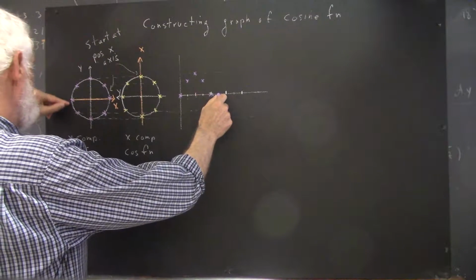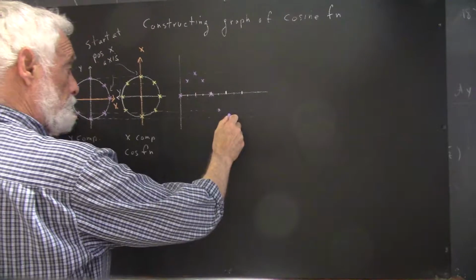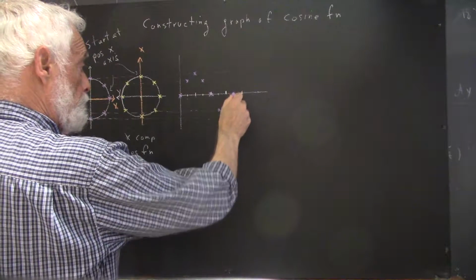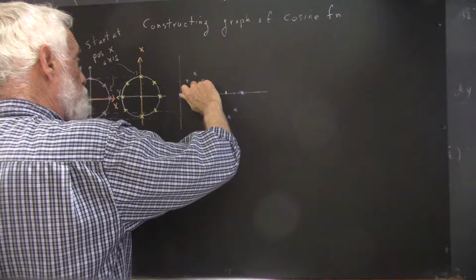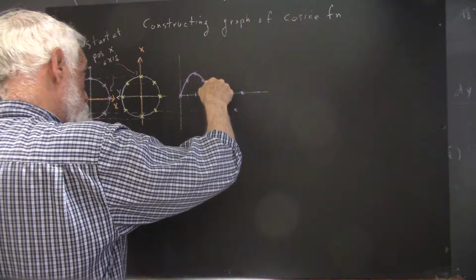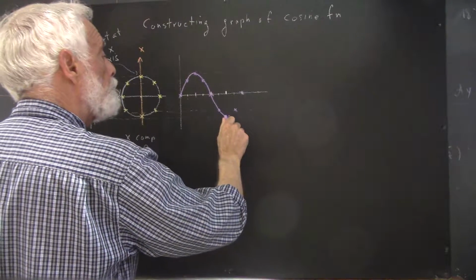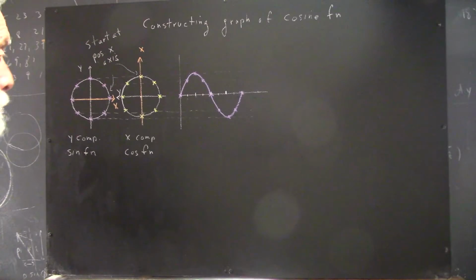Then I go to this point, and I draw this coordinate here, then here, and here, and here. And now I can draw a pretty good sine curve through these points. And there's one period of the sine function.